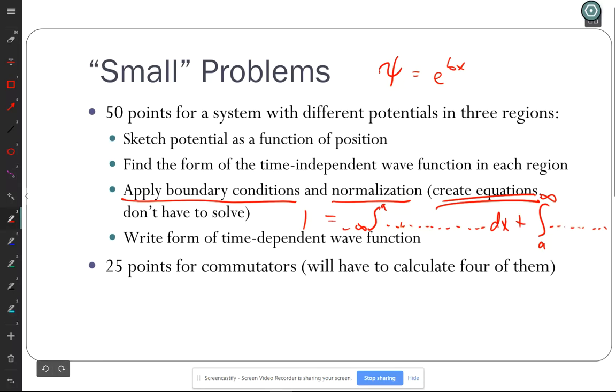And then write the form of the time-dependent wave function. So what does that mean? Does that mean doing the full solution? Writing out or multiplying it by the e to the negative? Yes, that's what it means.